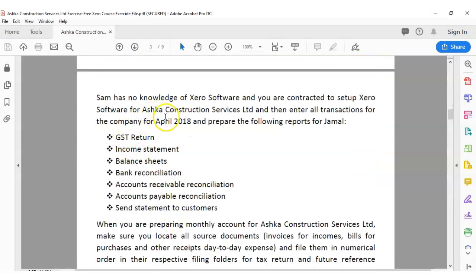Sam has no knowledge of Xero software and you are contracted to set up Xero software for Ashker Construction Services Limited and then enter all transactions for the company for April 2018 and prepare the following reports for Jamal Hassan.